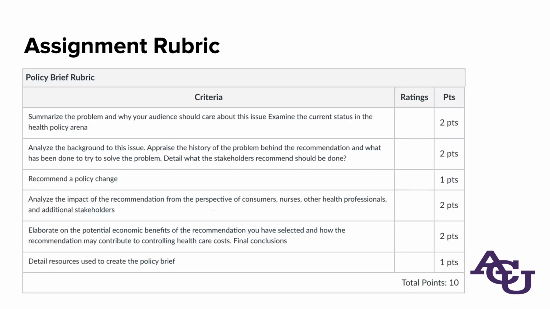All right, so let's take a look at the rubric here. And we see that this is pretty much listing all the elements we were talking about earlier. And we can see some idea of how long these sections should be in relation to each other based on the points. So recommend a policy change, that's 10% of the credit. And detail the resources used to create the policy brief, that's 10%.